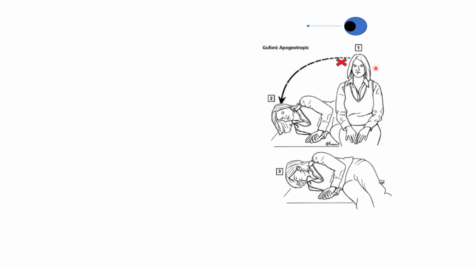So when you turn the head to the left and they have apogeotropic nystagmus, meaning that it beats upwards and towards that ear, this is the sick ear. So for this maneuver you will do the opposite. You will pull this patient's head into the floor like that, just as we just showed you.